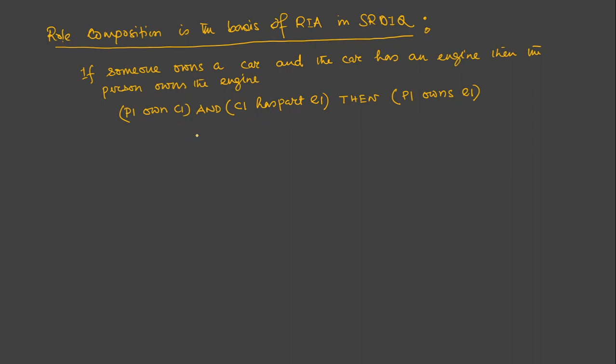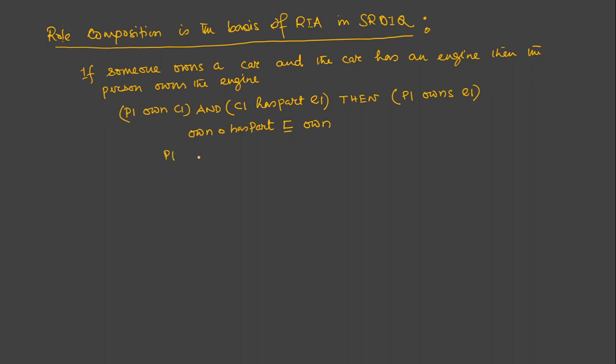So the composition will look like this: owns, then has part, and this will imply that P1 owns E1. So this is a kind of chain that we are following.